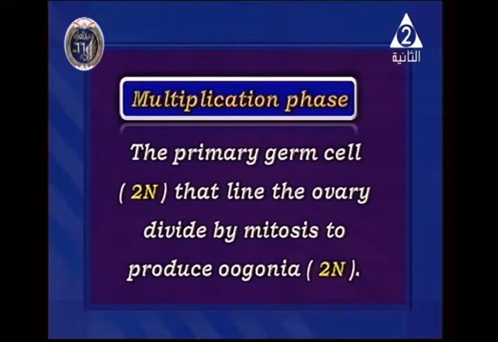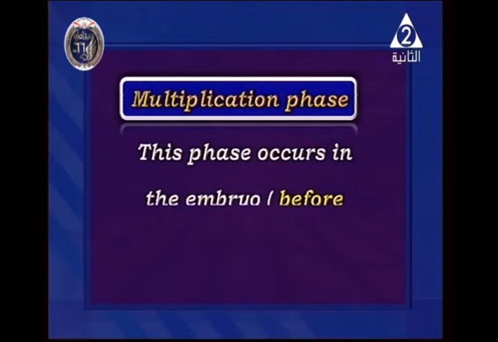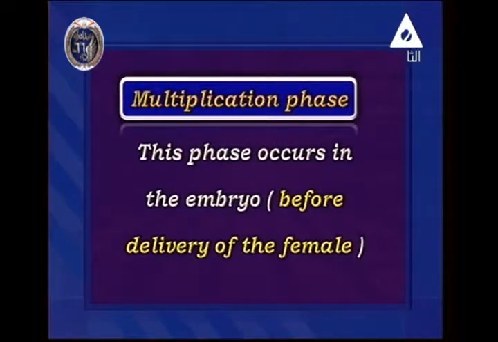Both of them are diploid, both are somatic cells carrying the full genetic material. This phase occurs in the embryo, before delivery of the female. Remember that the multiplication phase happens inside the embryo of the female. Okay, she's still inside her mother's uterus.